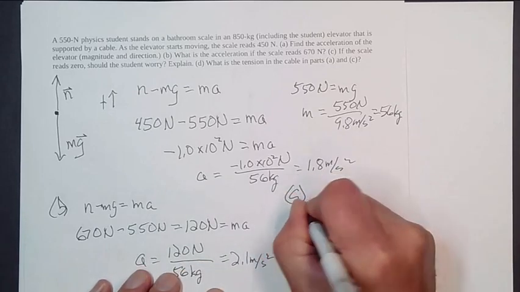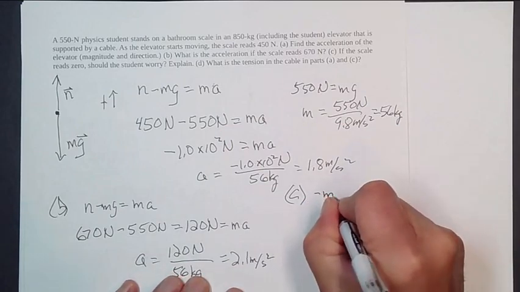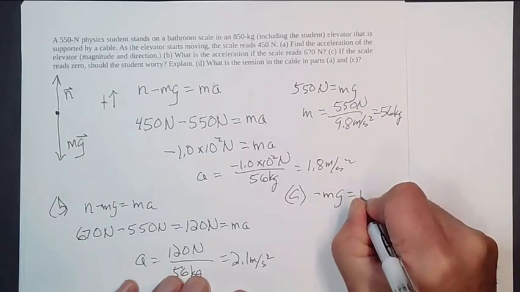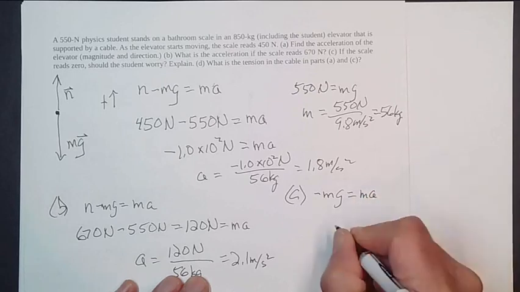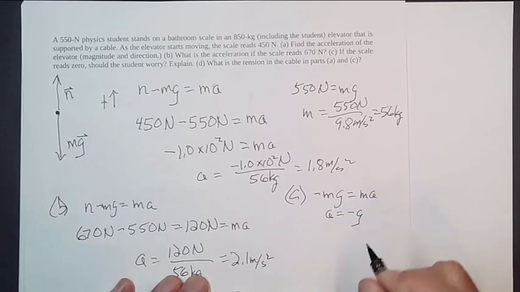And so what we would get in that case is minus mg is equal to ma, or the acceleration in that case happens to be minus g. That means the elevator is in free fall. Should the student worry? Yes, the student should worry. The cables must have broken.